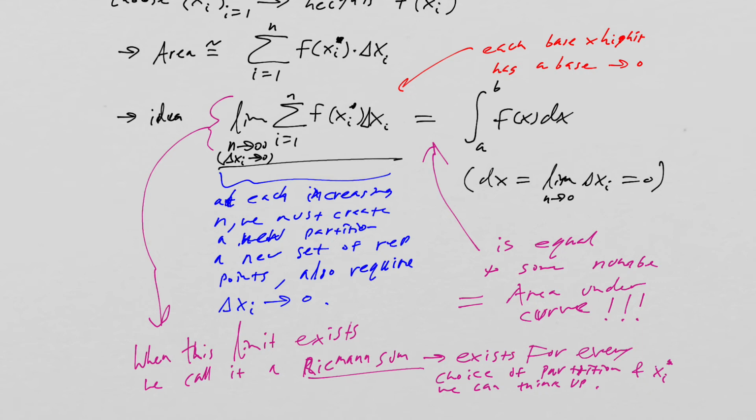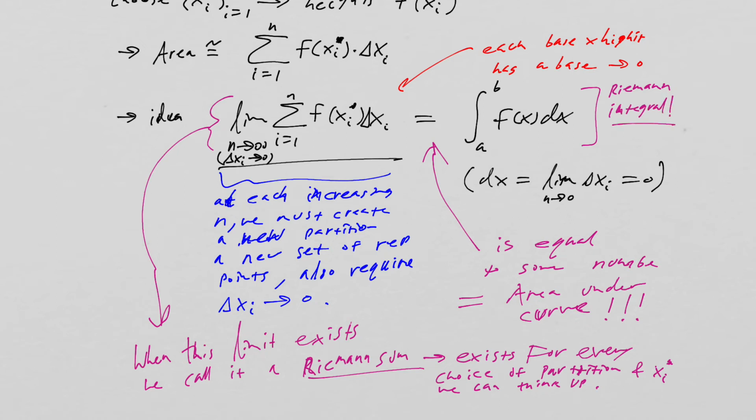Otherwise, we're going to say that the Riemann sum fails. It fails to exist. And we're going to say that this symbol, of course, would be the limit. It must exist for this symbol, this integral symbol, to exist. And we call this, of course, a Riemann integral.